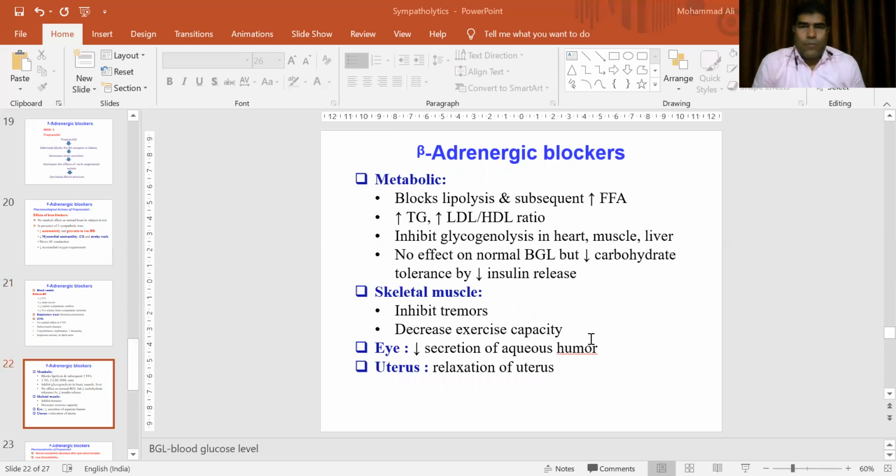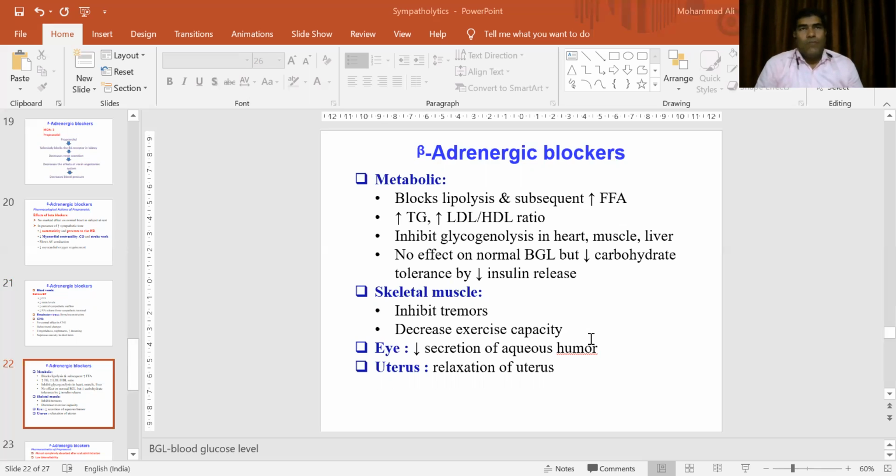Metabolic effect of propranolol. Propranolol blocks lipolysis and the subsequent increase in free fatty acids. They increase triglyceride levels and increase the low density lipoprotein to high density lipoprotein ratio. They inhibit glycogenolysis in heart, muscle, and liver.